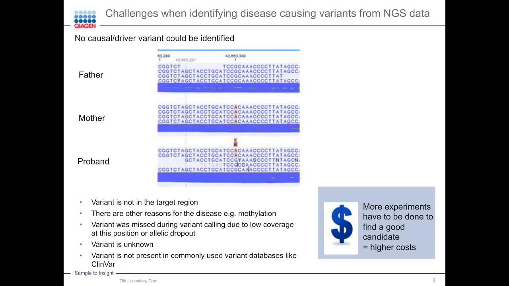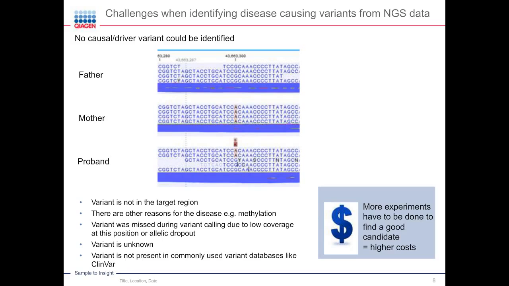But it could also be that the variant is not yet known to be associated with a specific disease. So one problem is to call it, but the other one is to interpret it. What most people do in that case is use open source databases like ClinVar, for example, or others, to annotate the variants with known variants from those databases. But if the variant is not present in those databases, you might not recognize it as pathogenic or disease-causing.